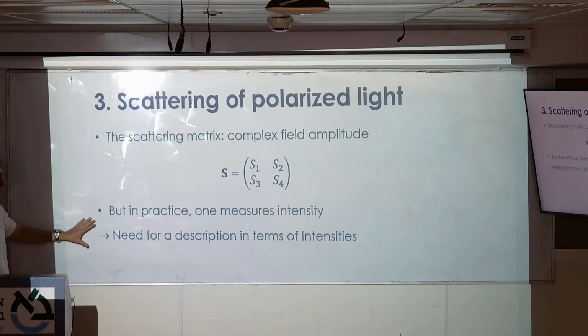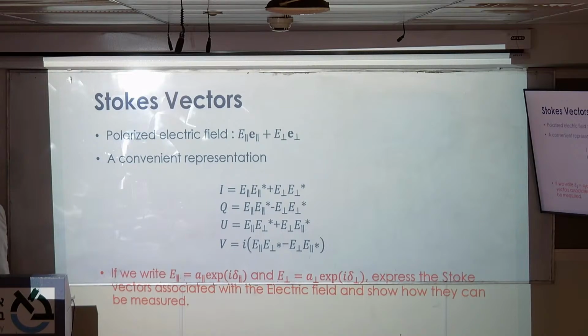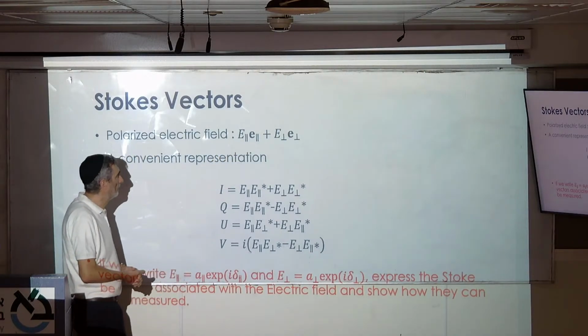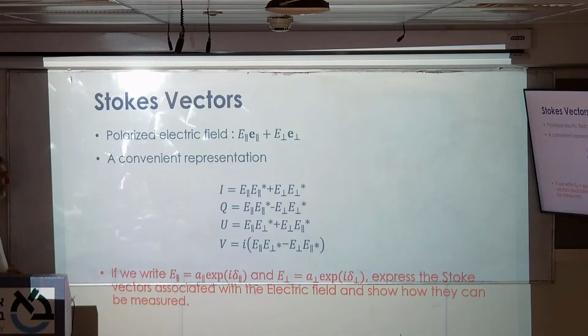We start from an electric field which is polarized, with different components along different directions of polarization. Instead of the 4 parameters of the S matrix, we use these 4 components here, I, Q, U, and V. So what is I? I is just the intensity of the parallel field plus the intensity of the orthogonal field.